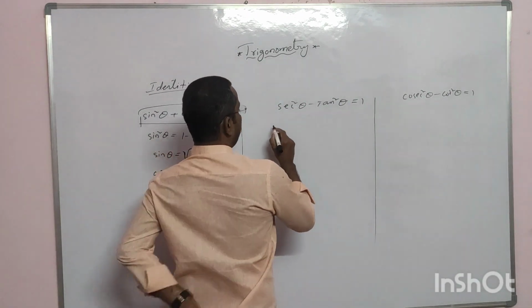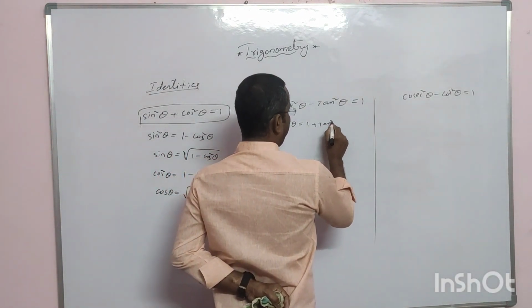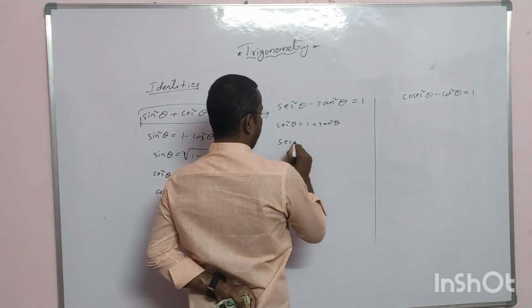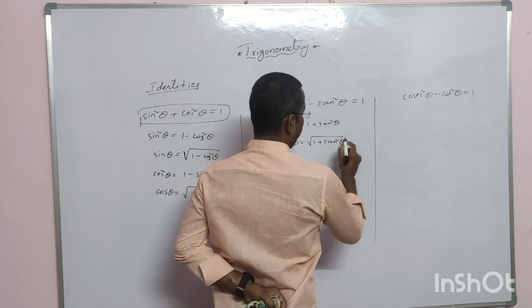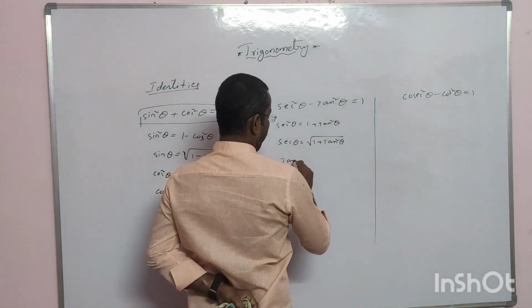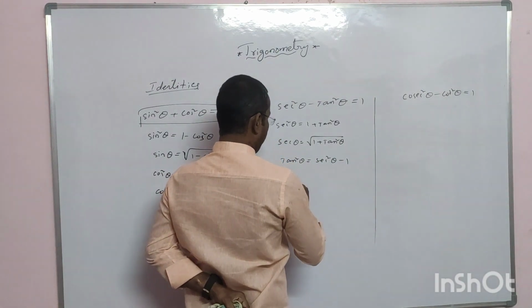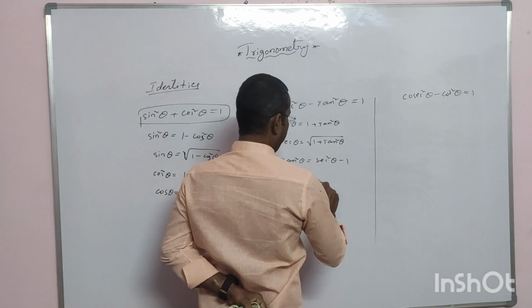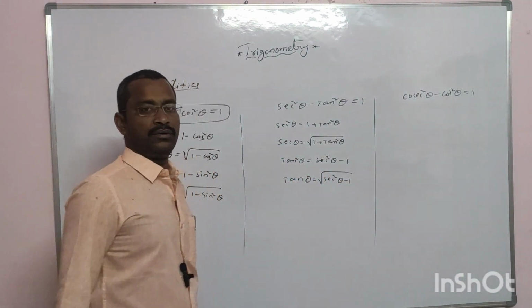And come here, sec square theta is equal to 1 plus tan square theta. Sec theta is equal to under root of 1 plus tan square theta. Tan square theta is equal to sec square theta minus 1. Tan theta is equal to sec square theta minus 1, under root.